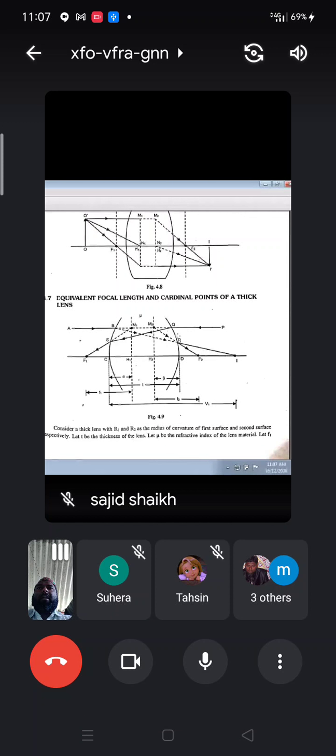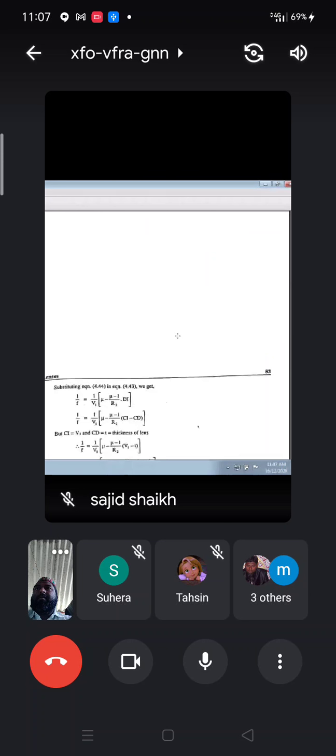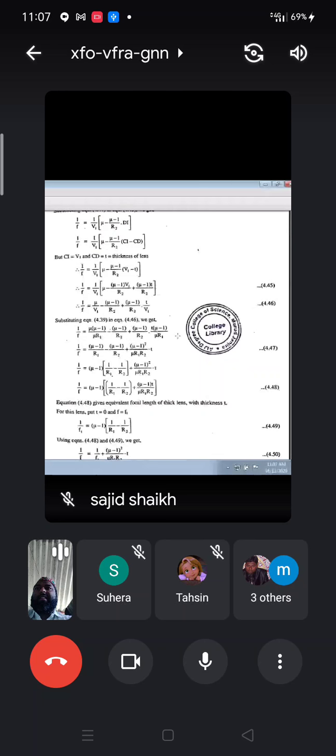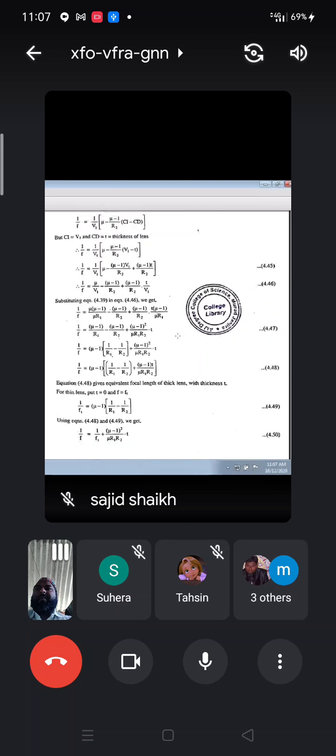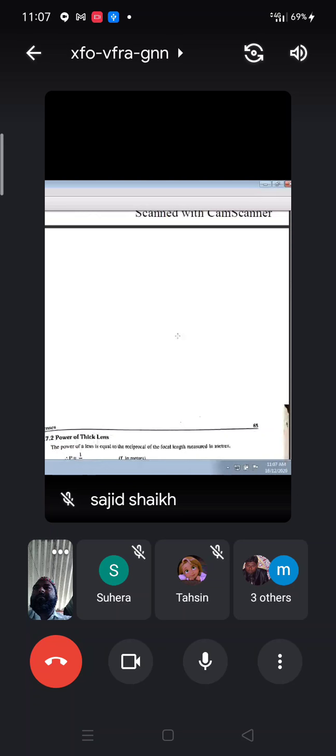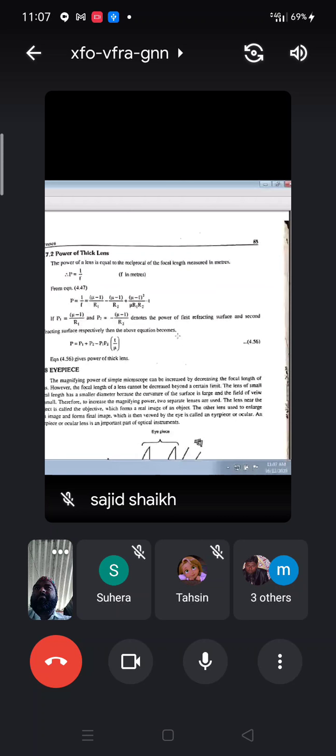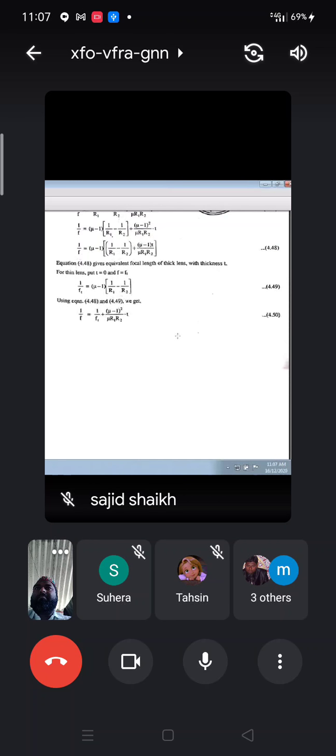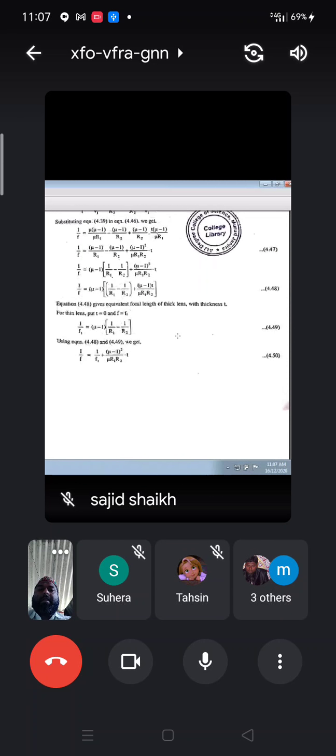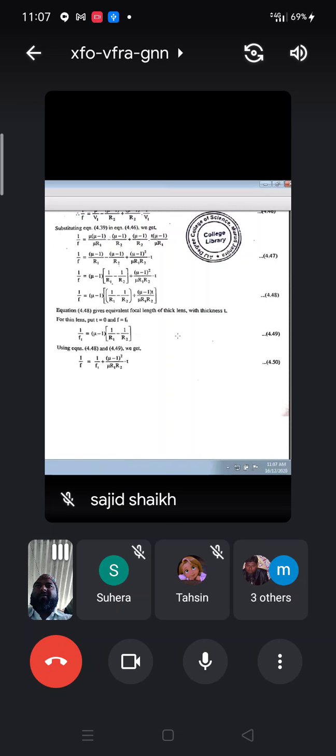Now the equivalent focal length and the cardinal points of the thick lens. After doing all this mathematical operation, we will get one final equation, equation number 4.48: 1/f = (mu - 1)[1/r1 - 1/r2 + (mu - 1)t/(mu r1 r2)], which gives the equivalent focal length of the thick lens with thickness t.